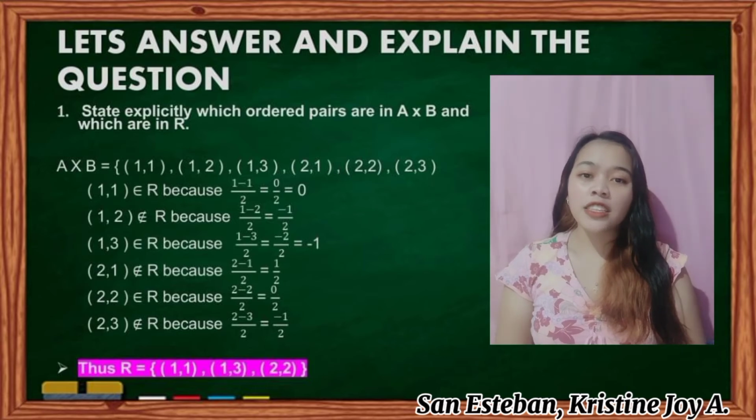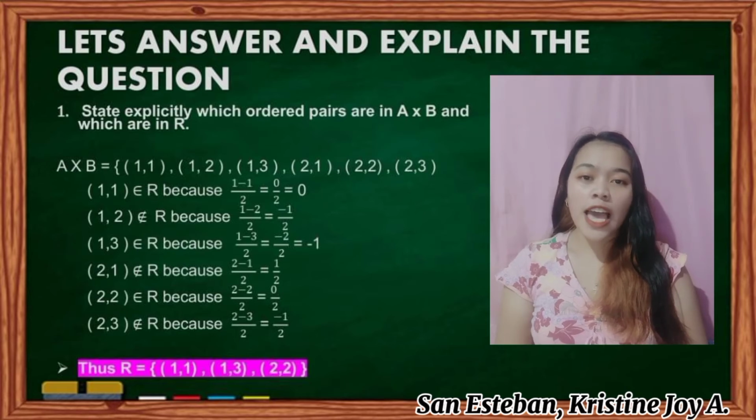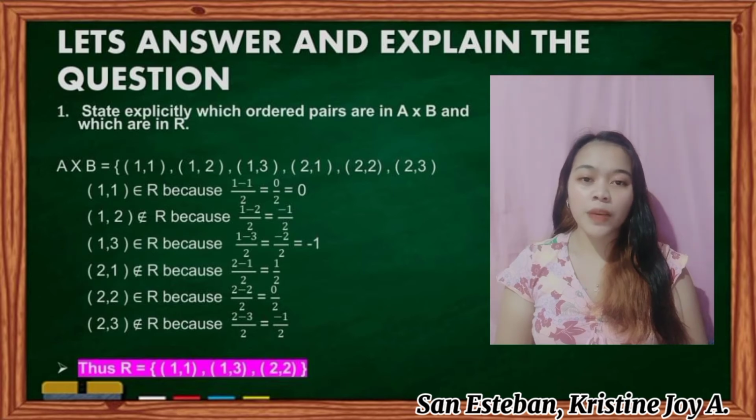When we say integer, it includes negative numbers, 0, and positive numbers. The output for (1, 1) is 0, so (1, 1) is an element of relation R. (1, 2) is not an element of relation R because the output is negative 1/2.